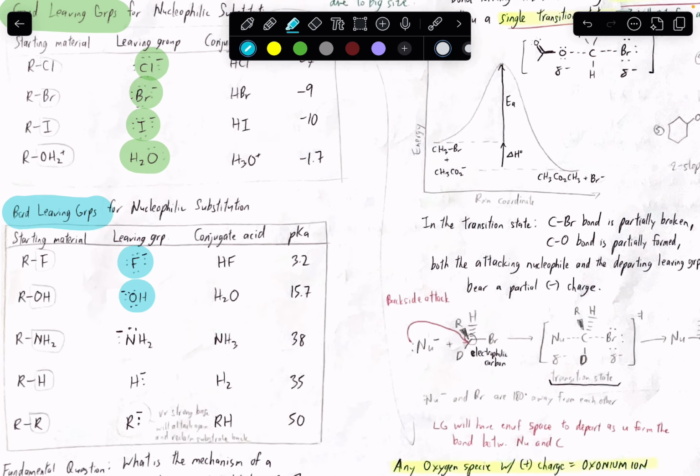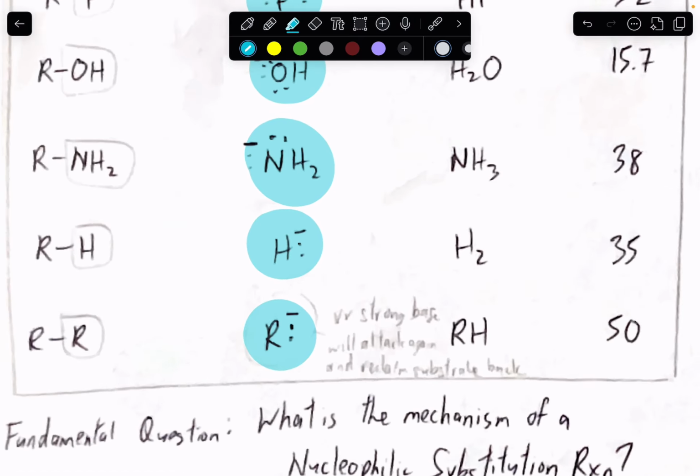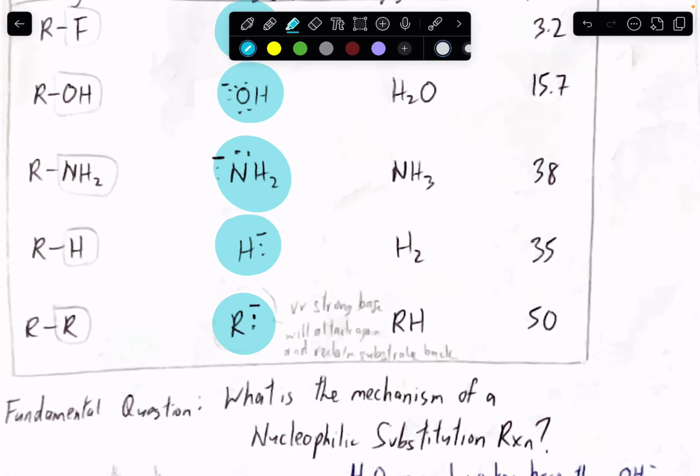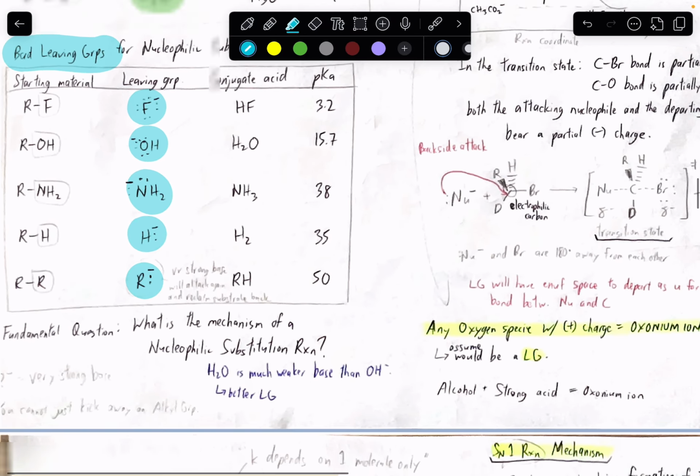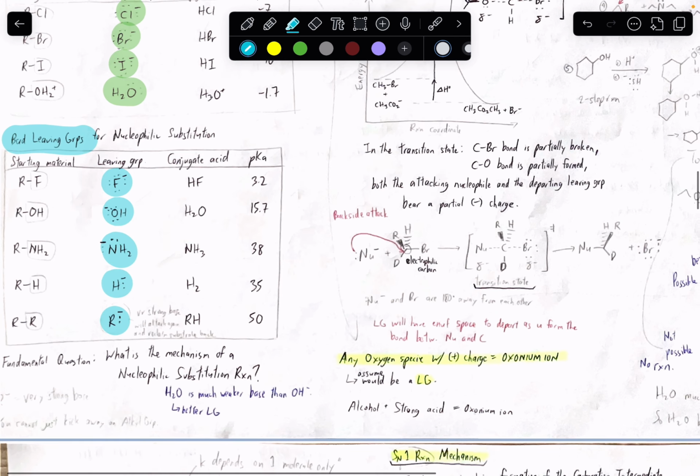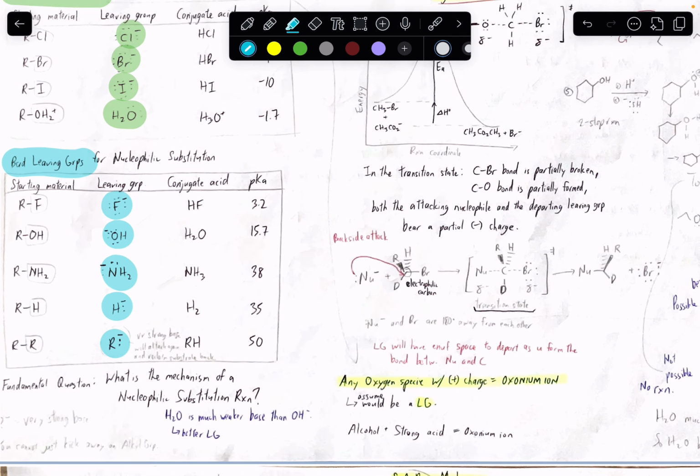I guess also NH2 and R. A very strong base will attack again and reclaim back the substrate. So that's what makes it a bad leaving group.